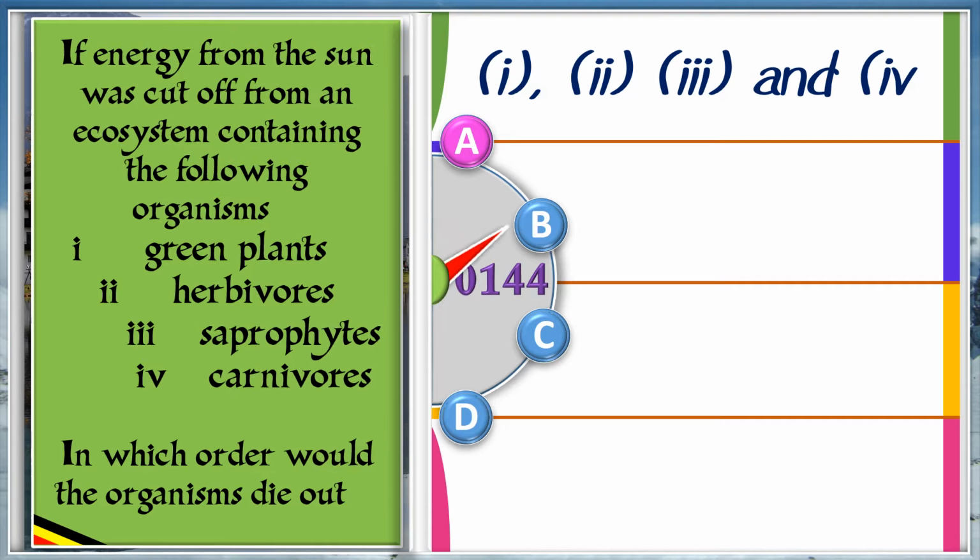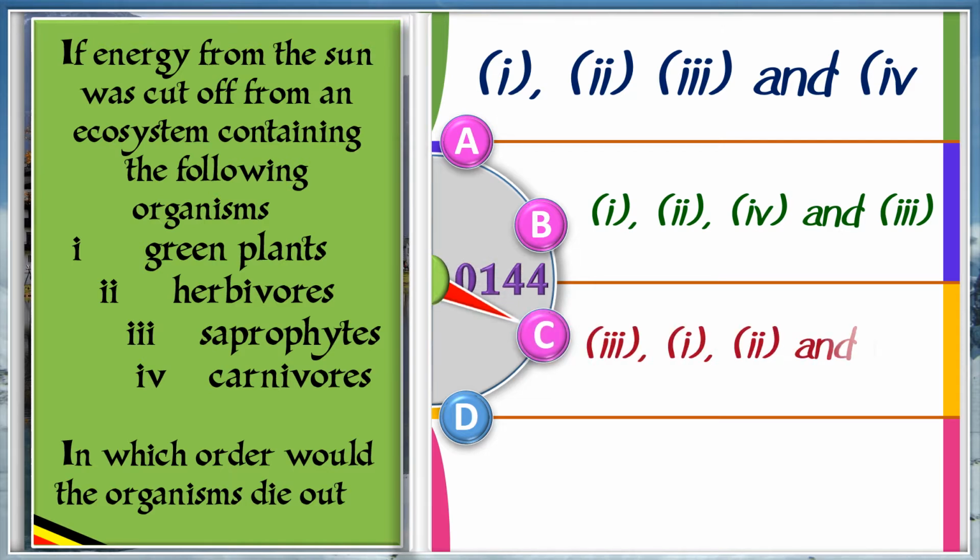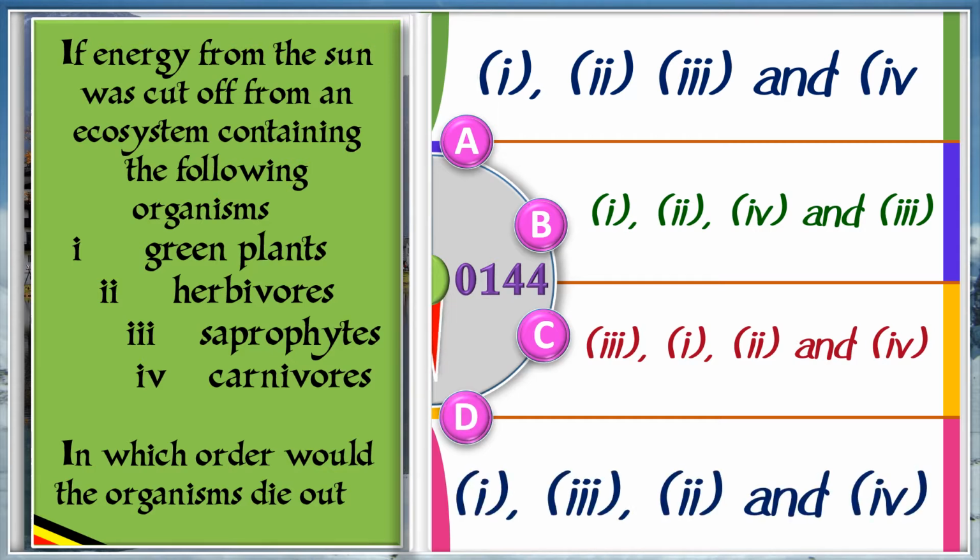B. 1, 2, 4, and 3. C. 3, 1, 2, and 4. D. 1, 3, 2, and 4. And the answer is B. 1. Green plants. 2. Herbivores. 4. Carnivores. And 3. Saprophytes.